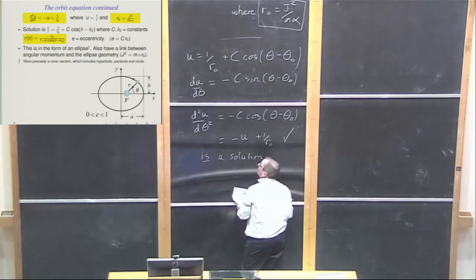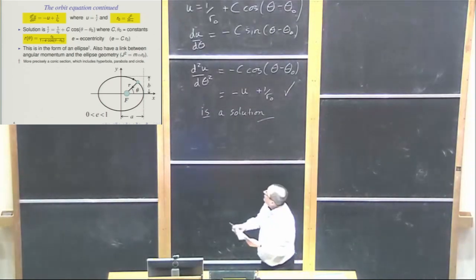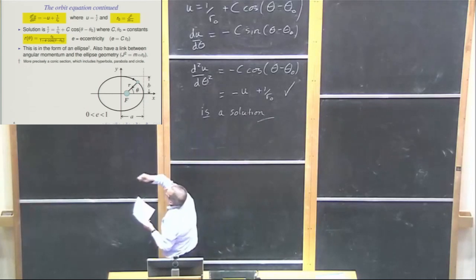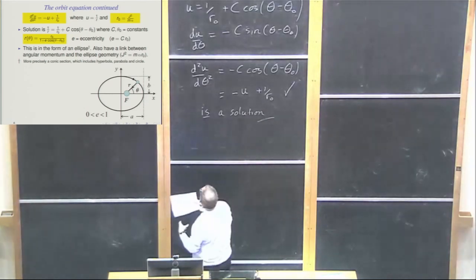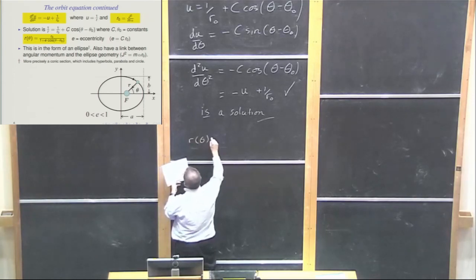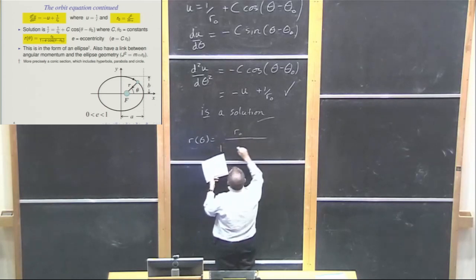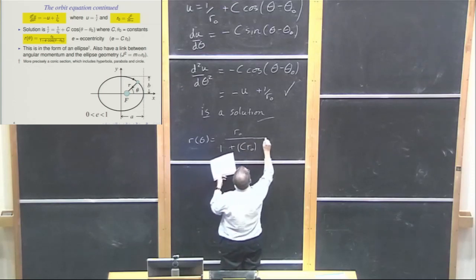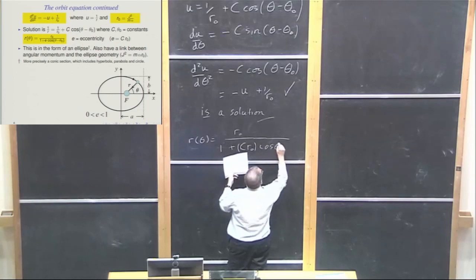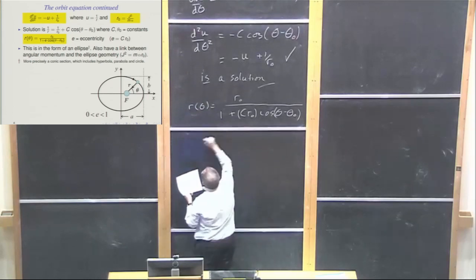Right, okay, we have this solution. Let's try and interpret what it means. So firstly, we can reorder and put r on top, so we get r of theta is equal to r0 over 1 plus c r0 cosine theta minus theta naught.